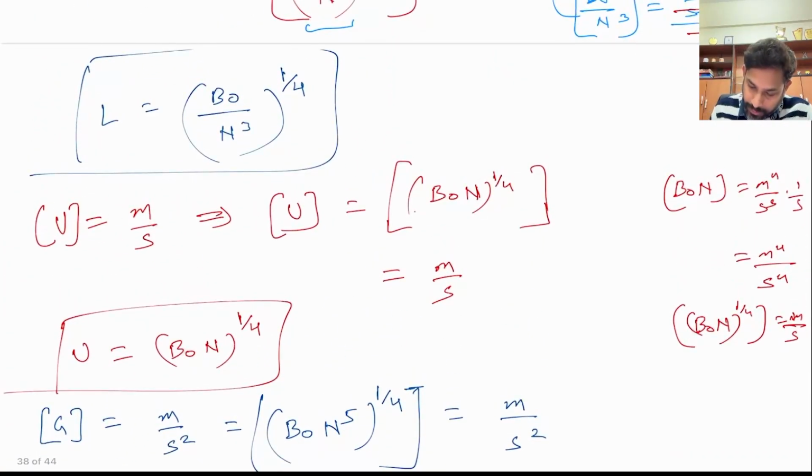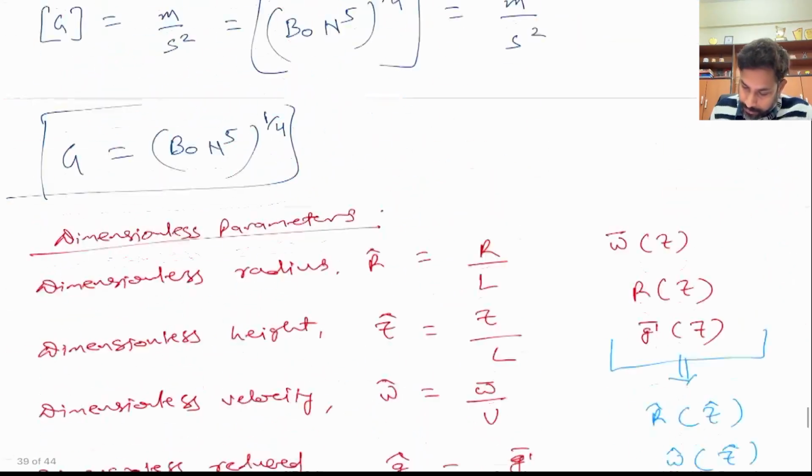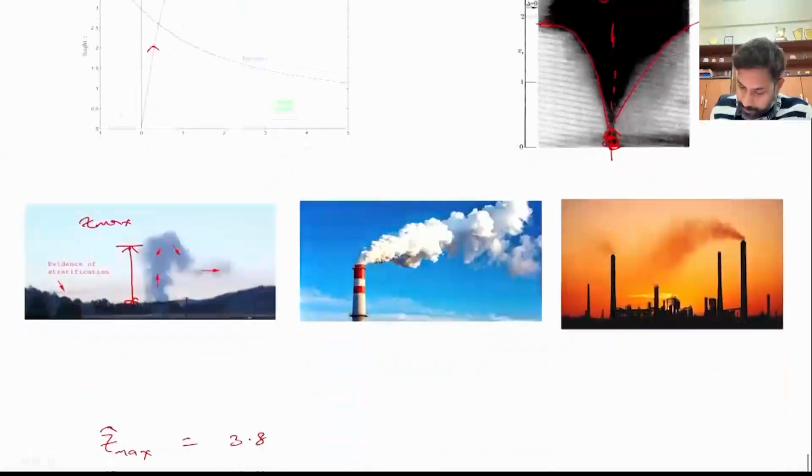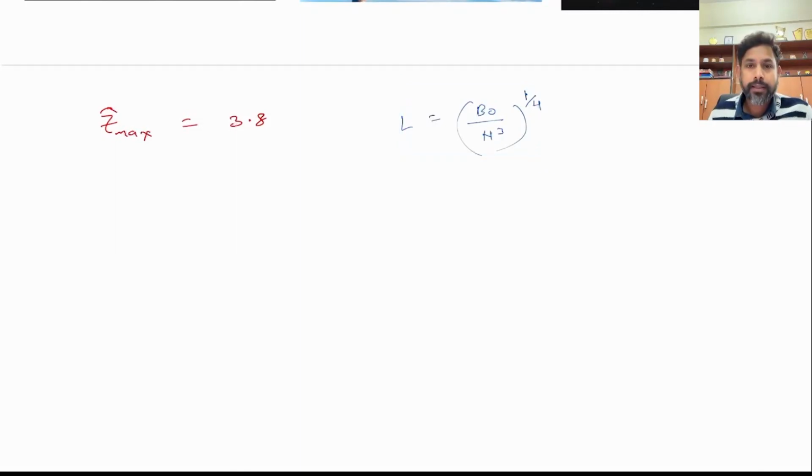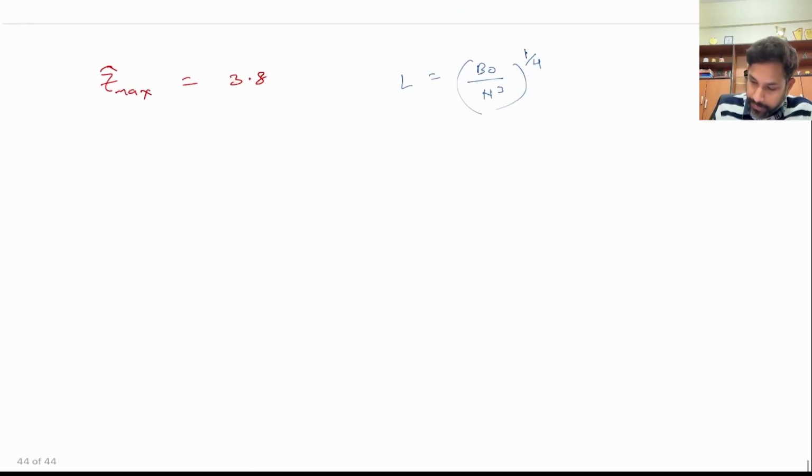This particular term, this is L that we defined.